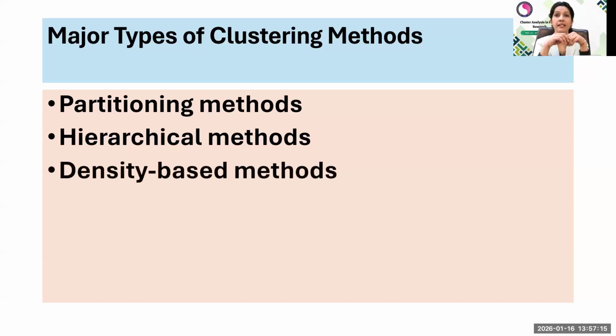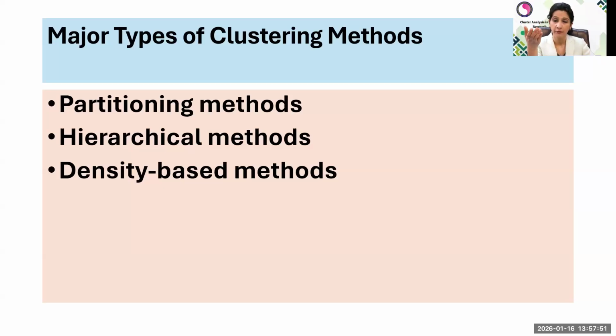The third method is the density-based method. Density-based method is mostly done in machine learning, where they see the clustering based on particular visual maps. In the visual map, if something is very condensed, like you can see in our epidemiology, we do spot mapping and look at the density of cases.